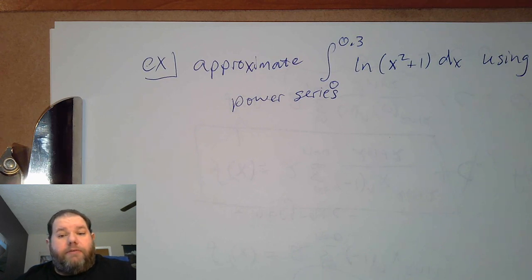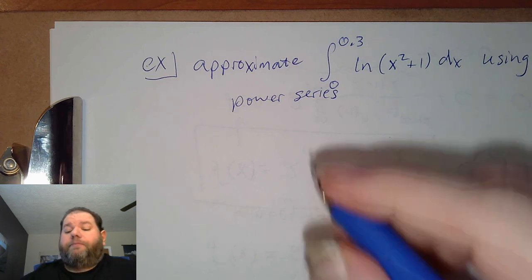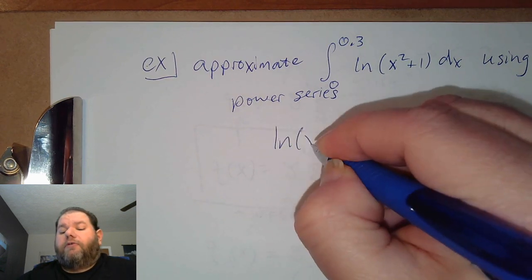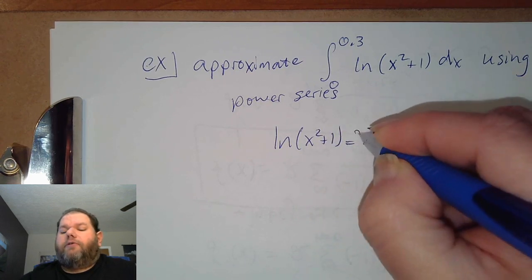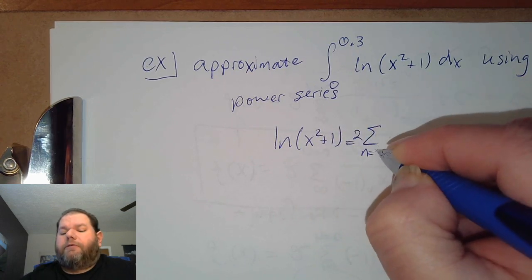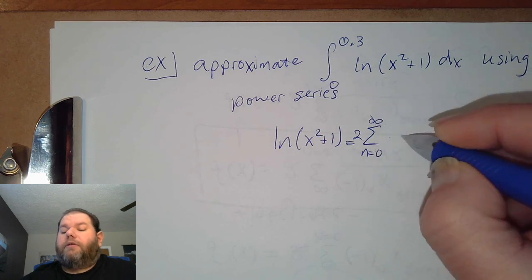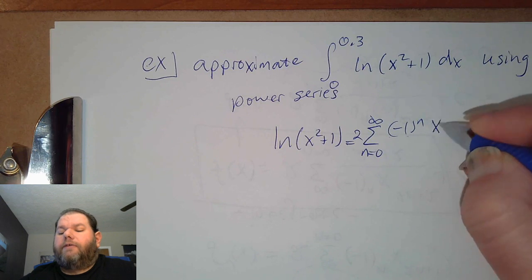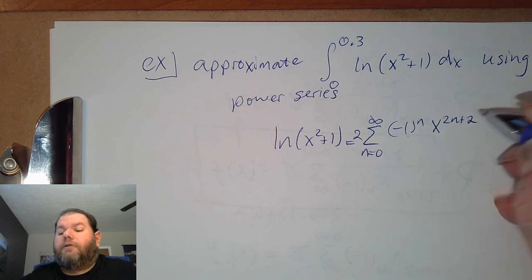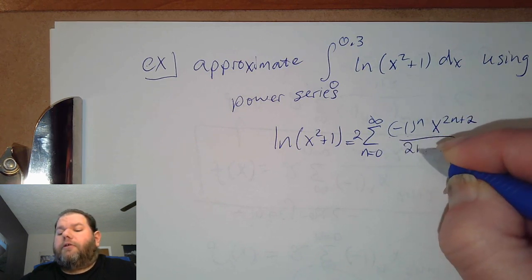Well, we already found a power series for natural log of x squared plus 1, and that's the good news. Natural log of x squared plus 1, we discovered, is equal to 2 times the sum n equals 0 to infinity, negative 1 to the n, x to the 2n plus 2 over 2n plus 2.